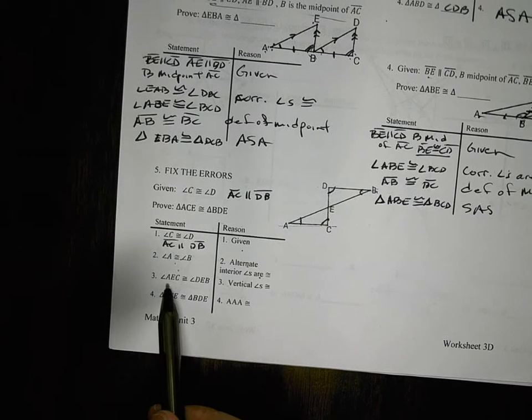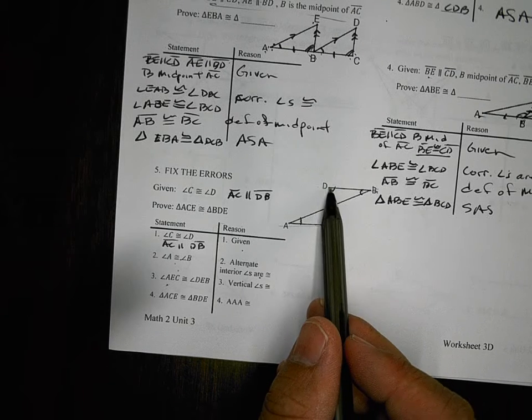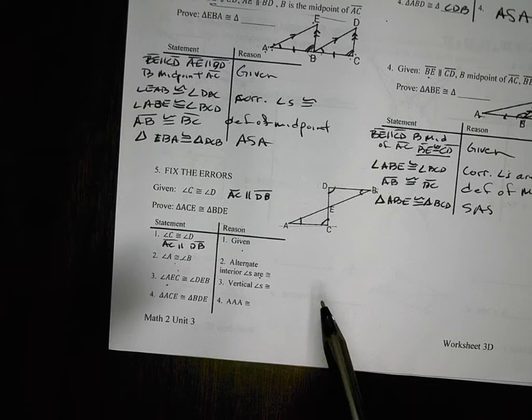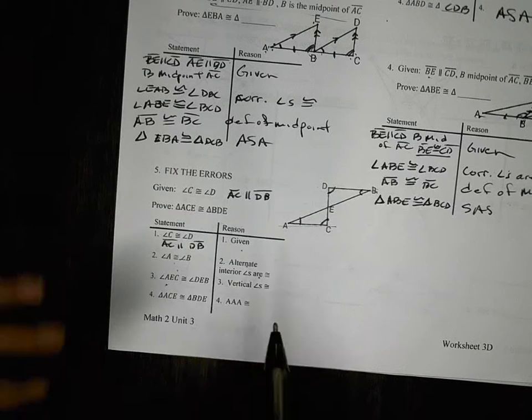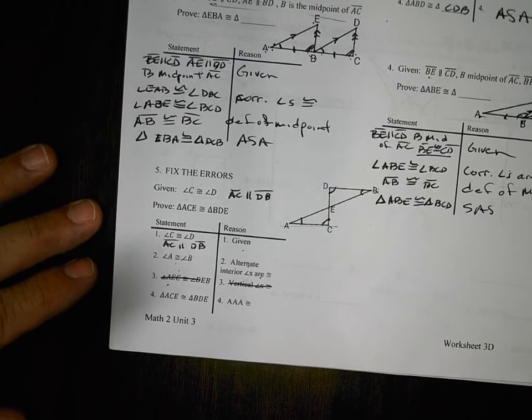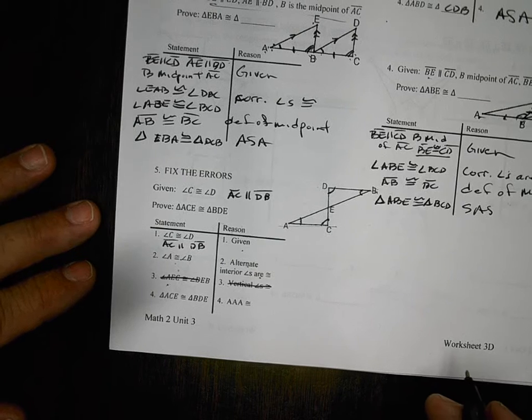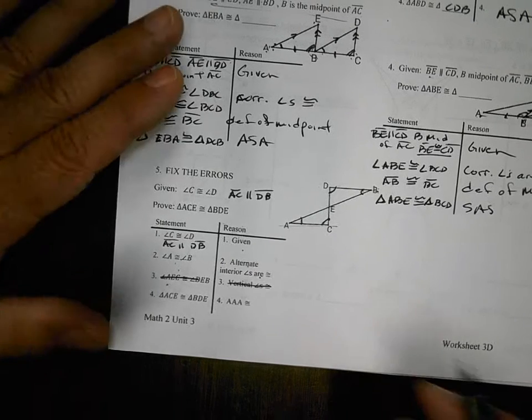All right, next we have angle AEC is congruent to angle BED. Vertical angles, that's true, but that doesn't help us, does it? We would need to know something. So if we wanted to fix this, one thing we could do that would be real easy is we could cross this off. And we could say, I guess, we'd have to add it to the given.